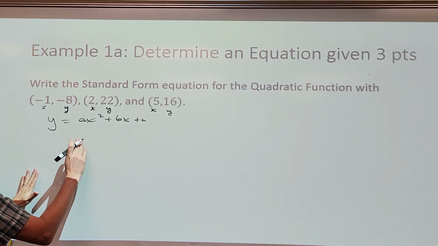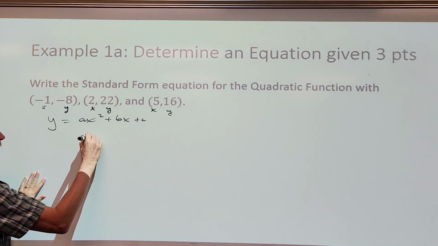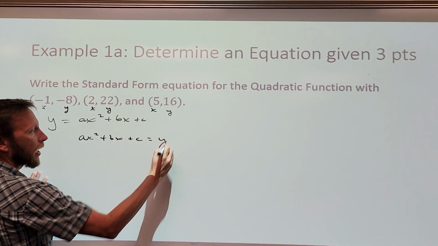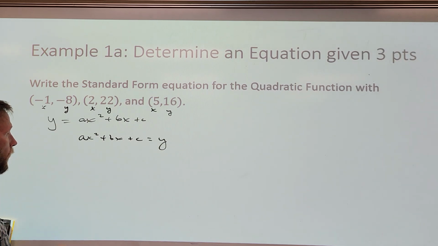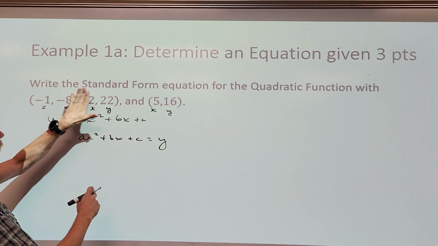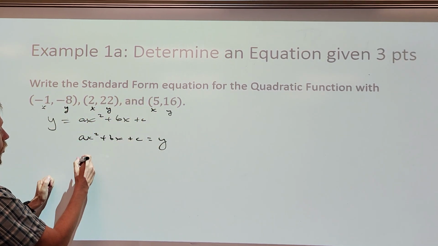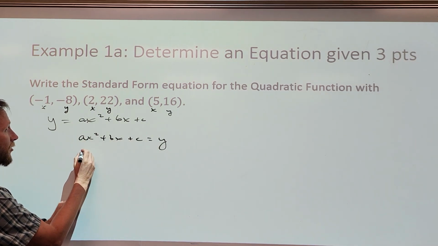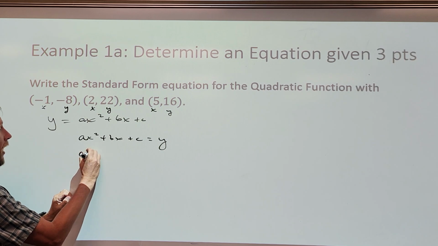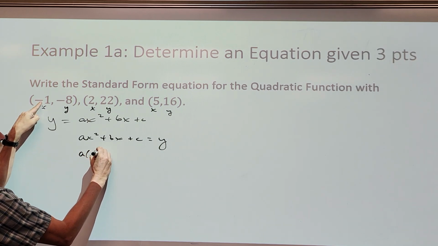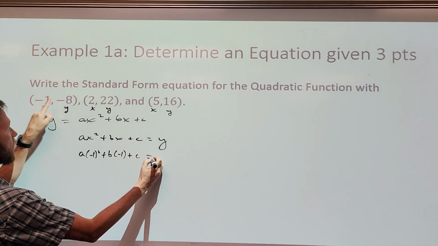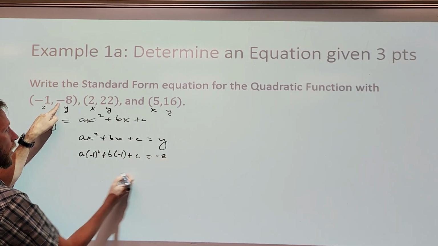So in order to do this, I'm actually going to write this as ax squared plus bx plus c equals y. We're going to put this in kind of the other direction, and we're going to take each of these x comma y's and write an equation not knowing what a, b, or c are. Instead, these are going to be our variables. So we're going to have a times this x squared plus b times this x plus c give us this y.